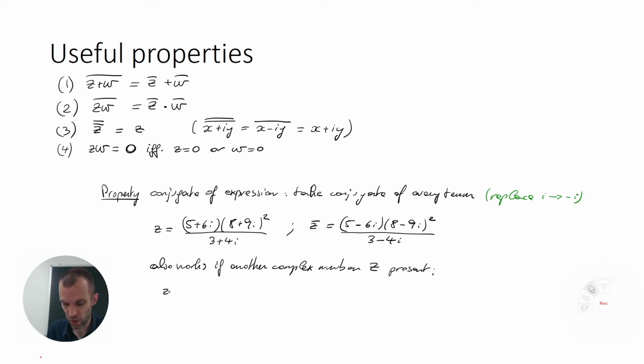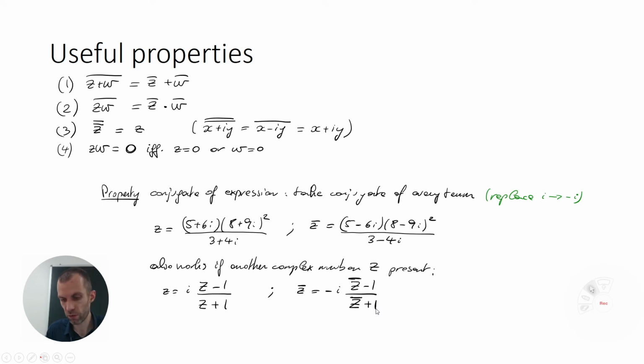So let's say you have little z is equal to i times (capital Z minus 1) divided by (capital Z plus 1). Then z bar is, well, you replace i by minus i. And now Z, you have to take the complex conjugate of that, so you get (Z bar minus 1) divided by (big Z bar plus 1). So just a useful rule of thumb.